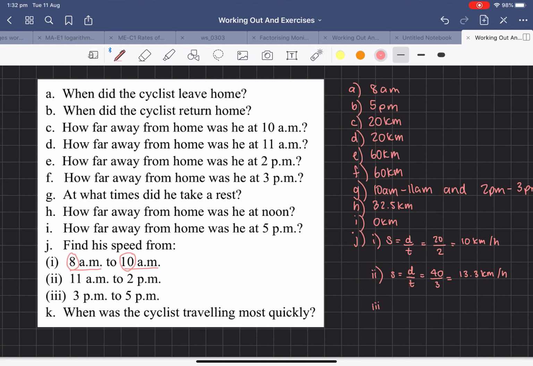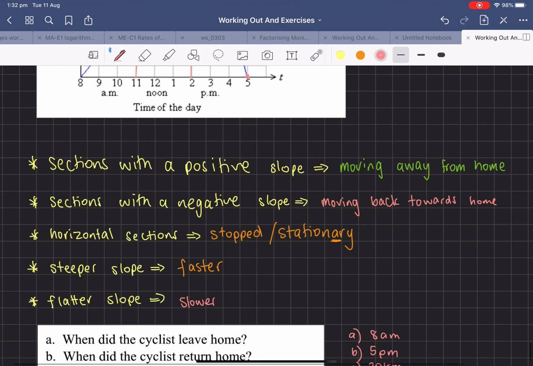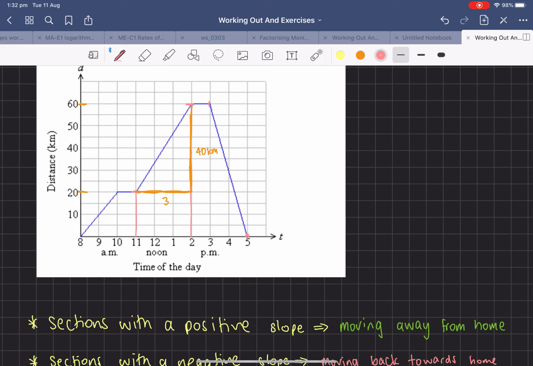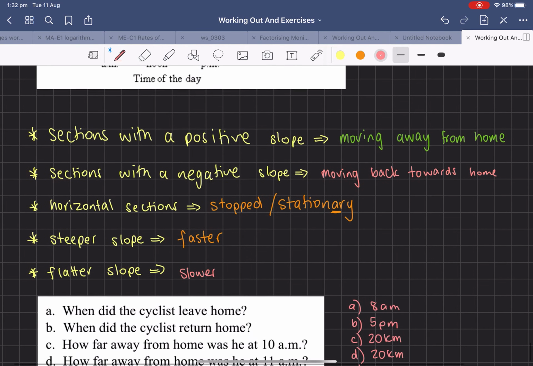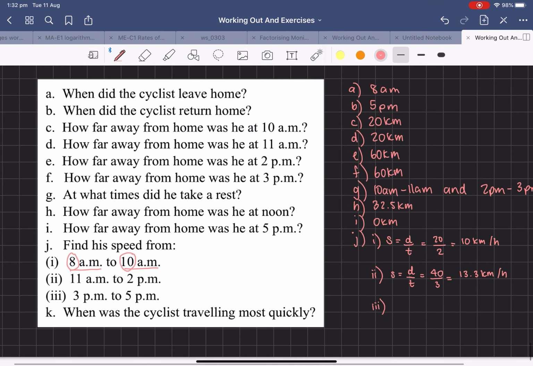And part 3, it says from 3 p.m. to 5 p.m. So what distance did he travel from 3 to 5, well, that was the whole 60 kilometres, because at 3 p.m. he was 60 kilometres from home, and at 5 p.m. he was back at home, so that's 60. And how long did it take? 2 hours. So speed equals distance over time, 60 over 2, which is 30 kilometres per hour.